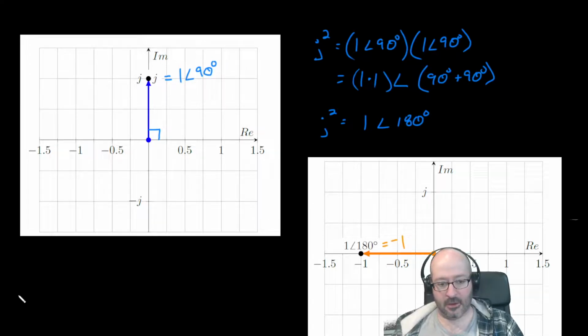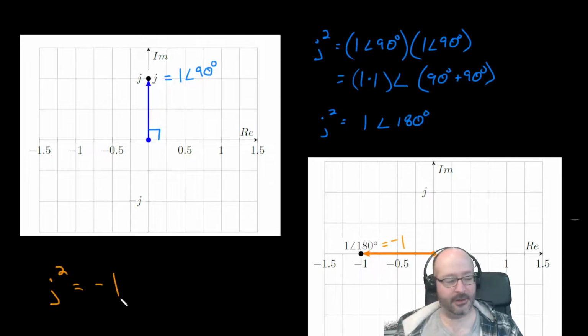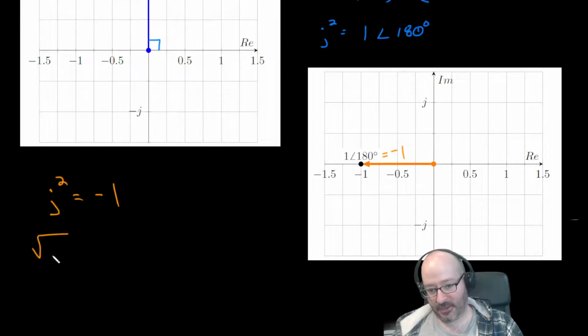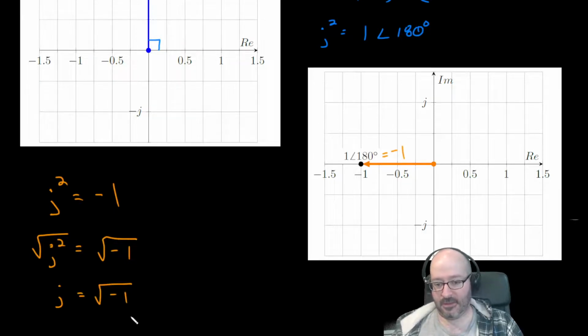So J squared is equal to -1. Well, if we solve that for J, the square root of J squared is equal to the square root of -1, also known as J equals the square root of -1.